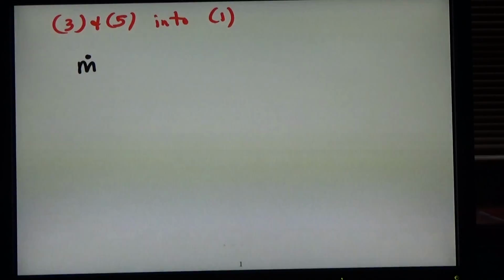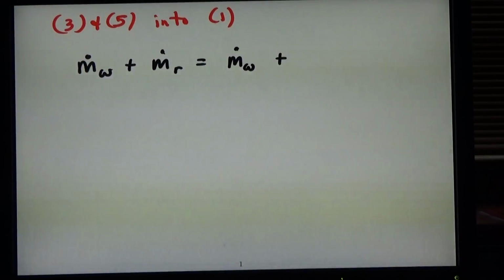Putting that back into equation 1 says that mass flow rate 1 is the mass flow rate of water, mass flow rate 3 is the mass flow rate of the refrigerant, mass flow rate 2 is the mass flow rate of the water, and mass flow rate 4 is the mass flow rate of the refrigerant. So basically this equation helps us none because it's just a true statement. It doesn't help us solve for anything.